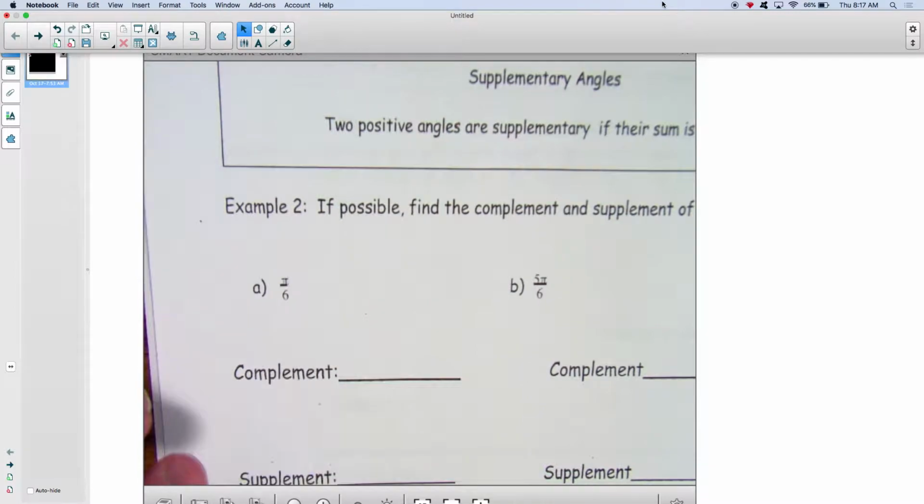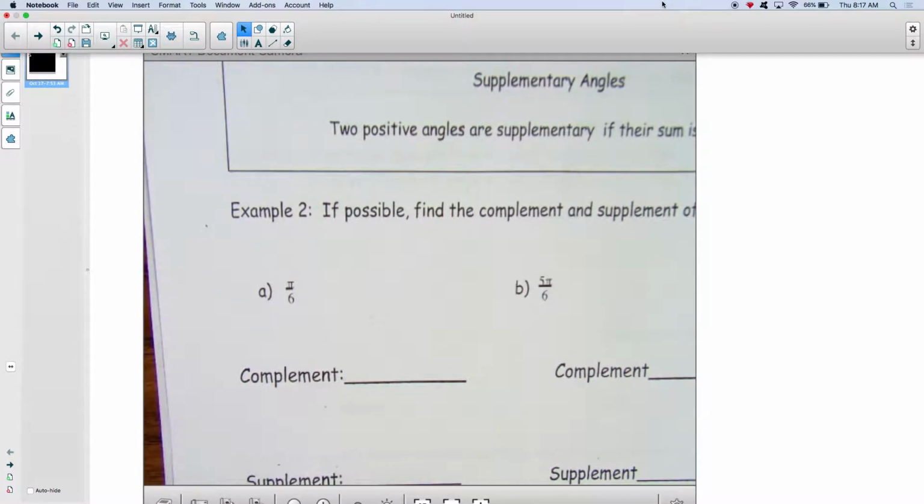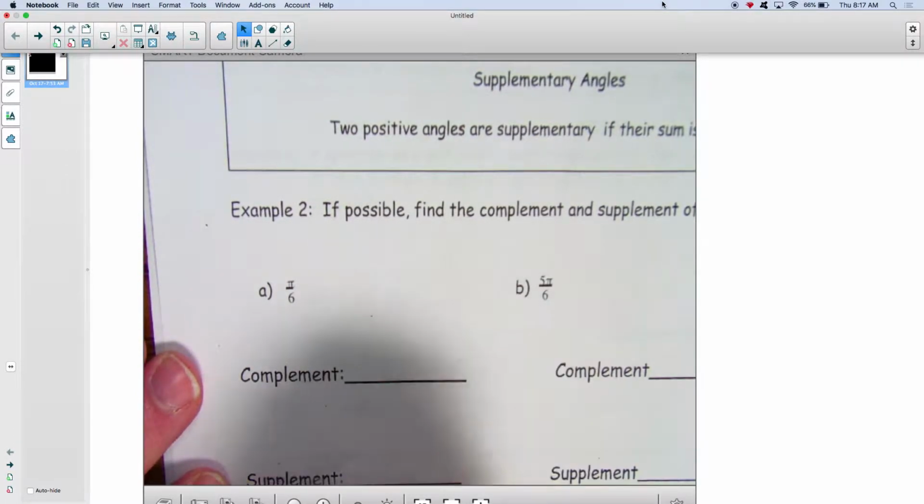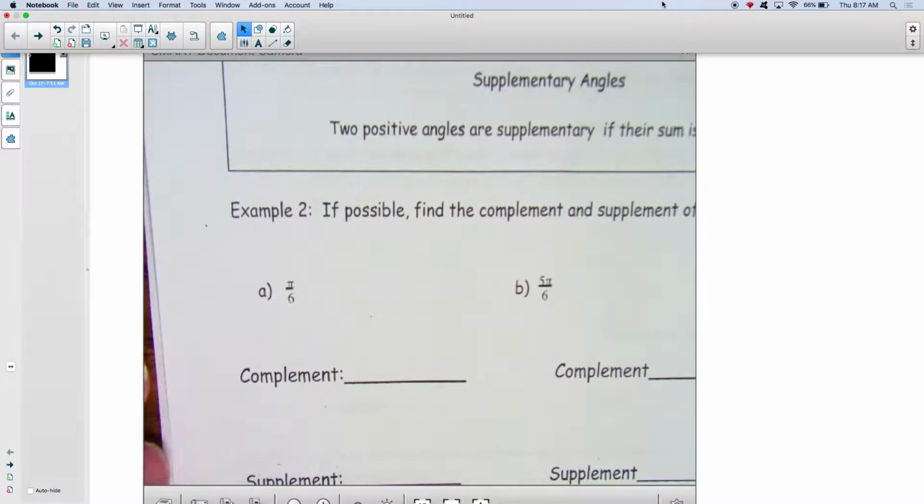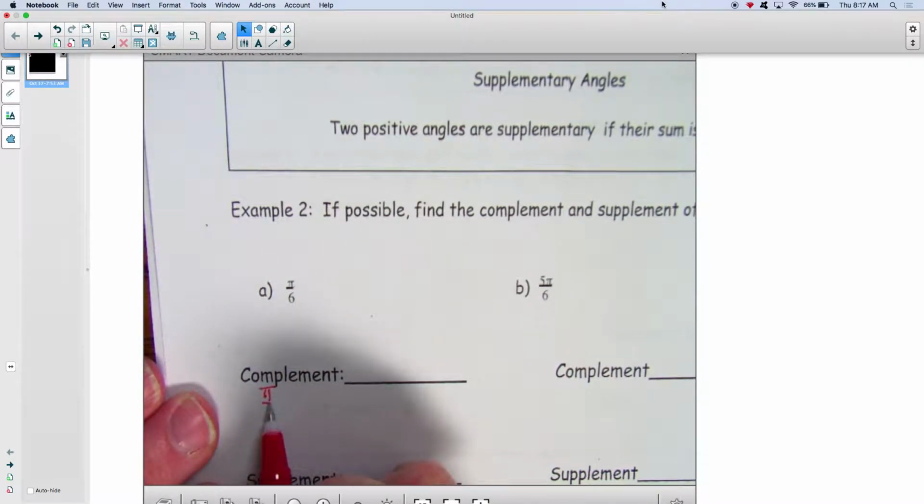So for A, pi over 6. I want complementary, so how do you find complementary?